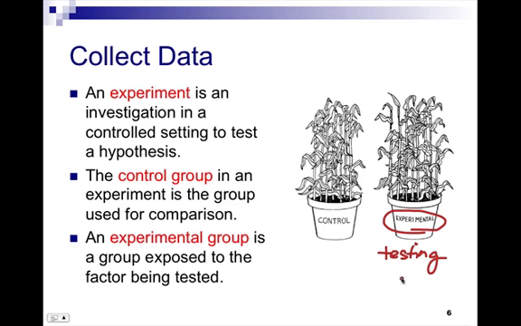So, for example, if we were doing an experiment on these two plants, we might add water to this one to see if it's going to grow. This one, we're not going to add water to because it is our control. We're changing the variable here by adding water. So if we add water, then the plant will grow. Oh, there's your hypothesis also.